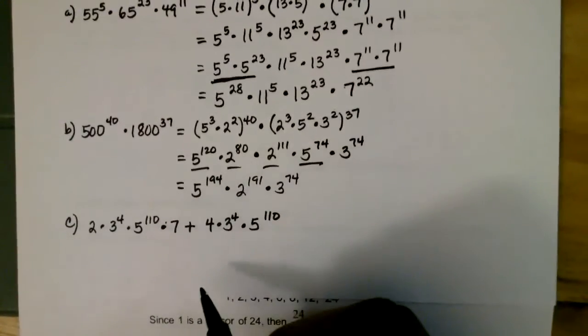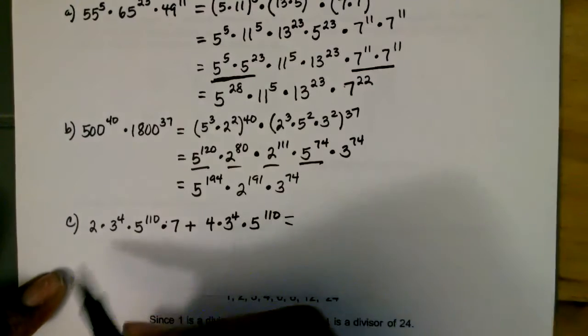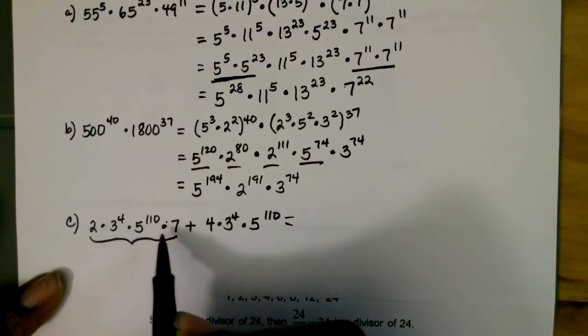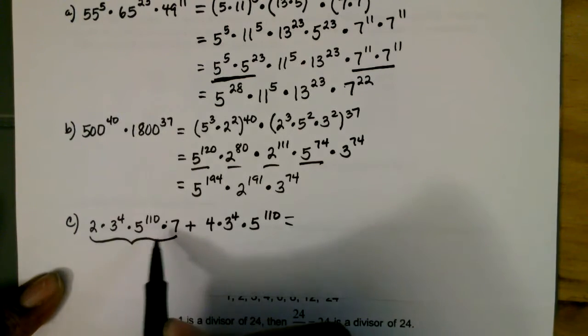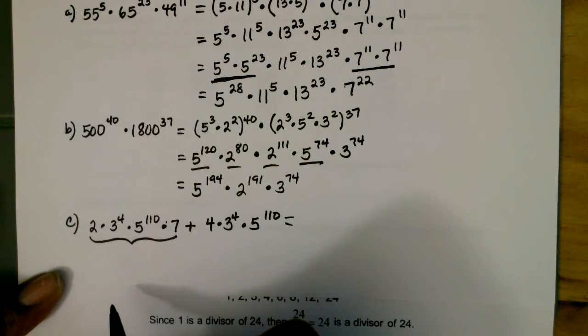Let's do this. I'm going to tackle this part right here. I'm going to go ahead and multiply, in this case, 2 times 7. I know that's going to be 14.